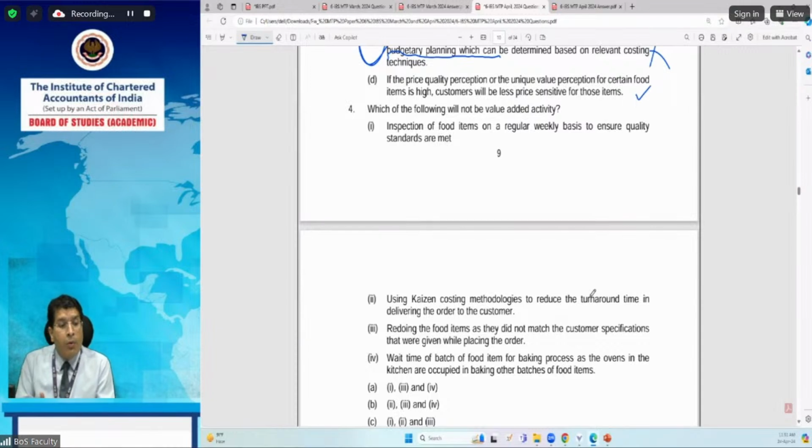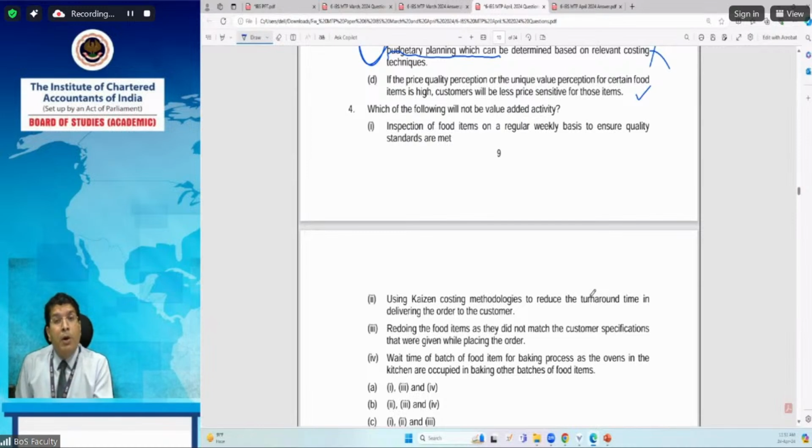Here we are going to reduce our turnaround time. It means this is our value added activity.